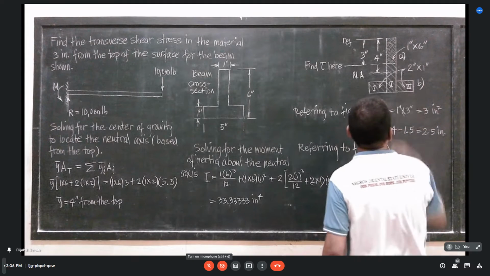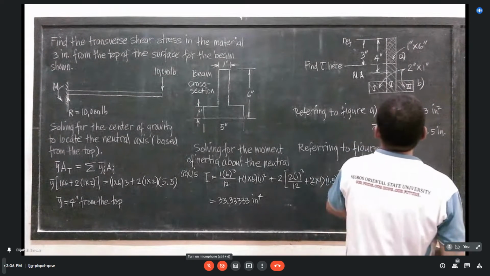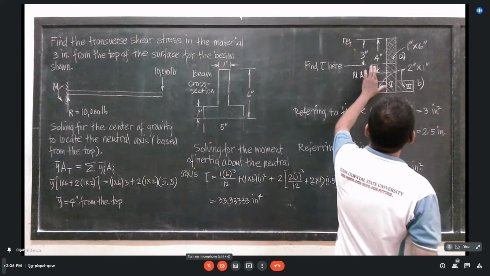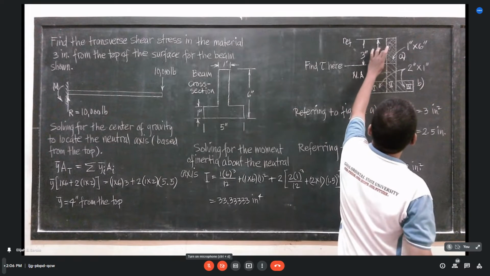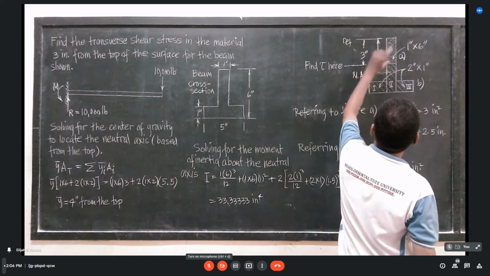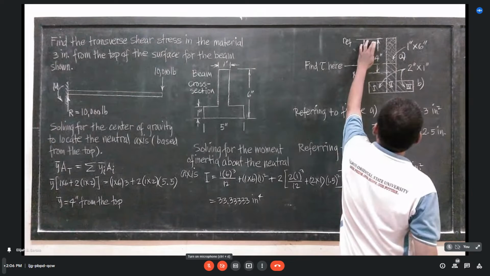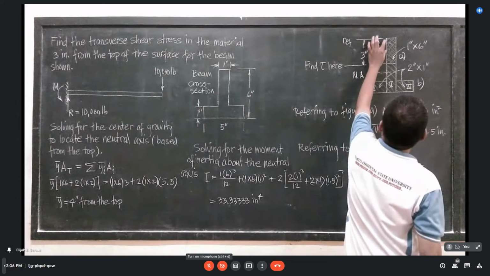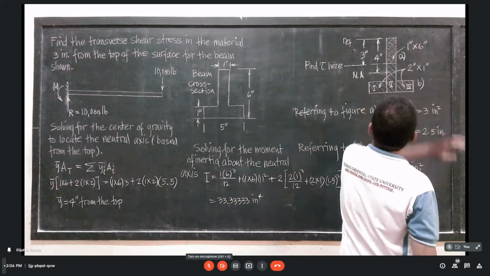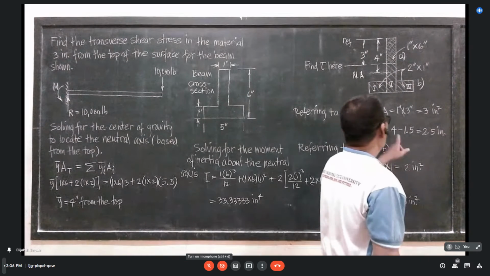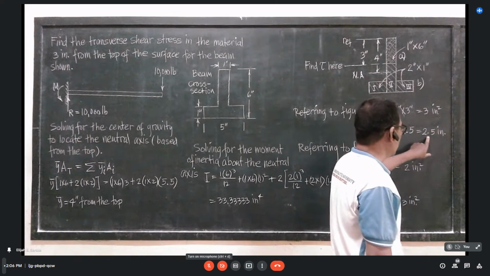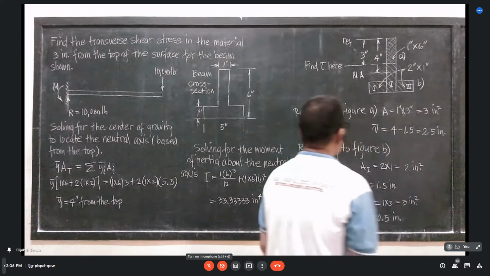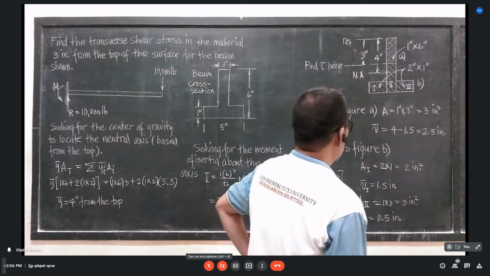Kini. So, how much is it? This is our neutral axis. Ang centroid ani is here. Tunga-tunga aning 3. So, how much? It is 4 minus tunga-tunga ani is 1.5. So, 4 minus 1.5, that is your V bar.